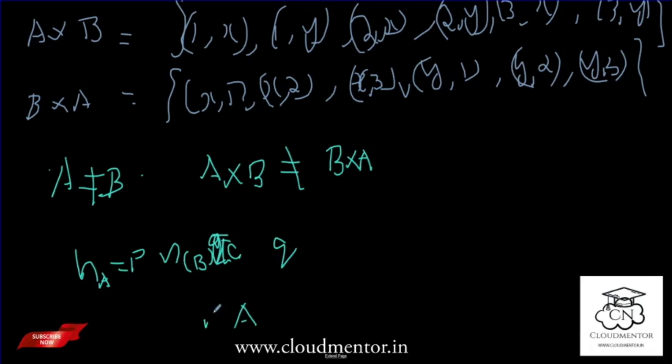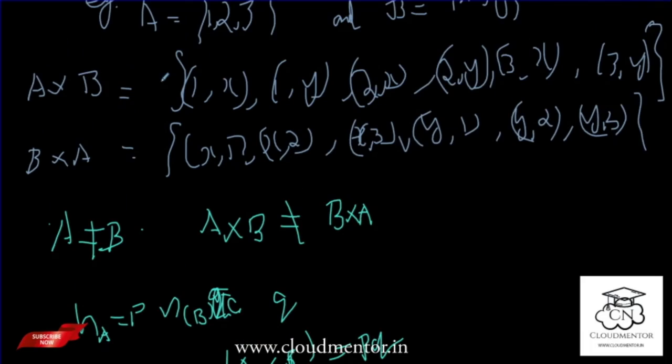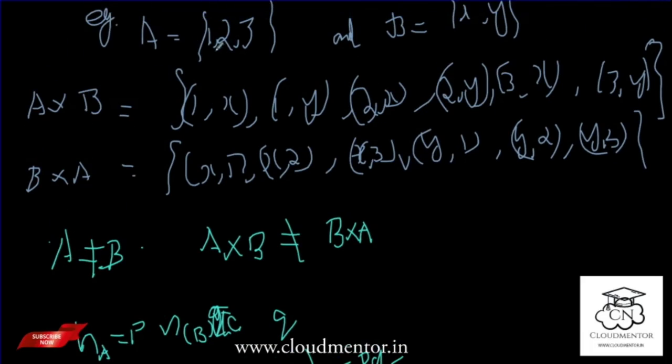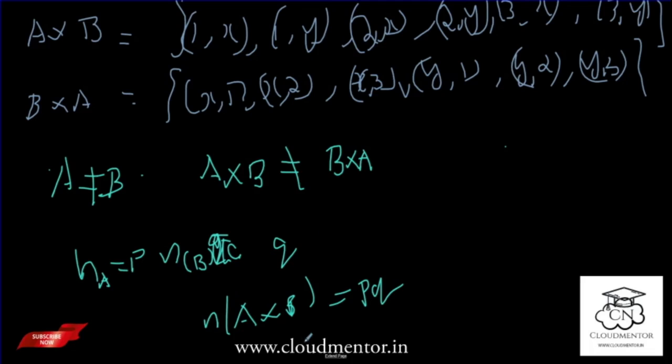That is, n(A cross B) will be equal to pq. So here there are 3 in A and 2 in B. So 3 multiplied by 2 will be 6. Here it is 1, 2, 3, 4, 5, 6, 6 elements. So that's correct.